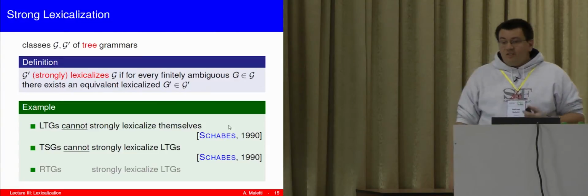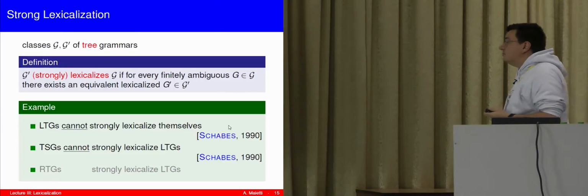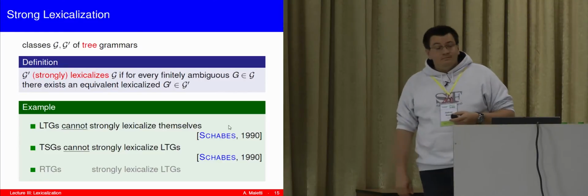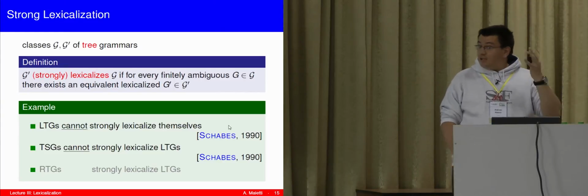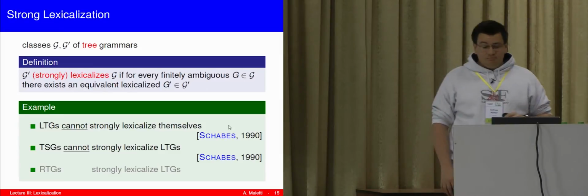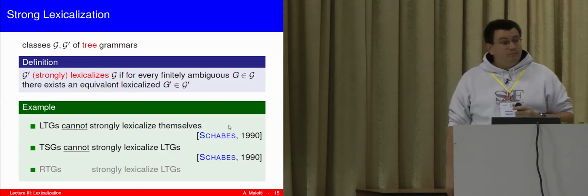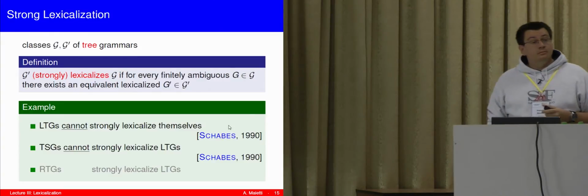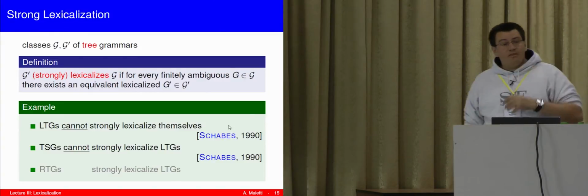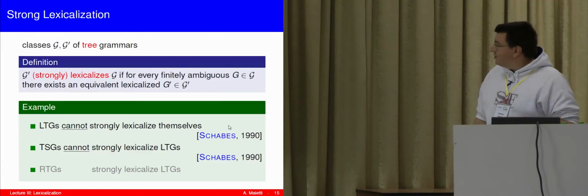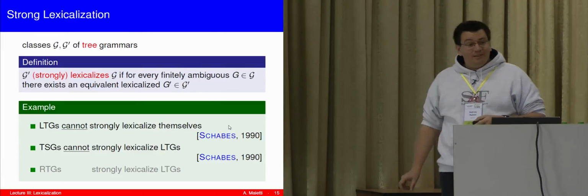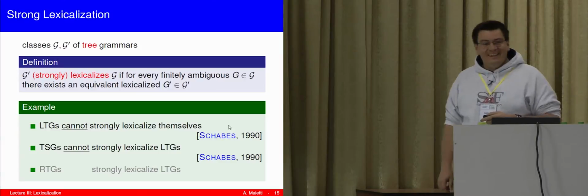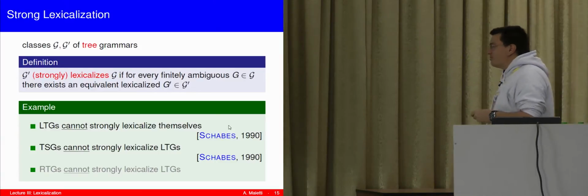What about RTGs, so regular tree grammars? So now you have states. Now you can actually make things disappear. Does it help? So you're not in favor? You're of course right.